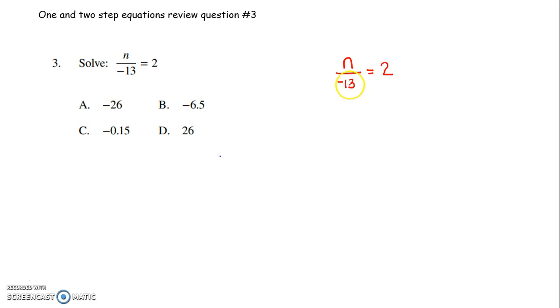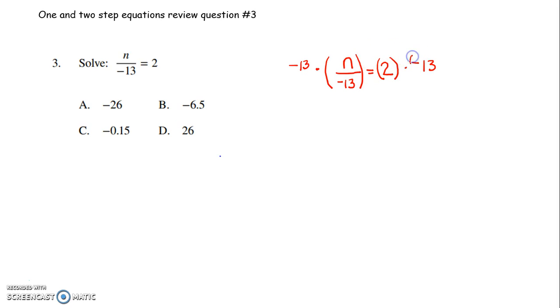We undo division with multiplication. So you have to multiply this side of the equal sign by whatever n had been divided by. If I'm going to multiply the left side by negative 13 to get n by itself, I have to go to the right side of that equal sign and multiply by negative 13.